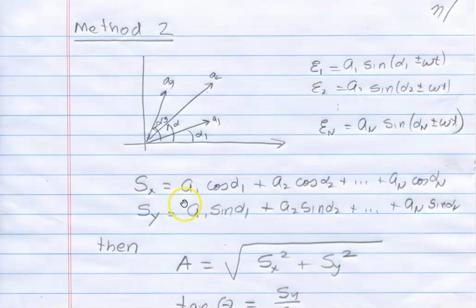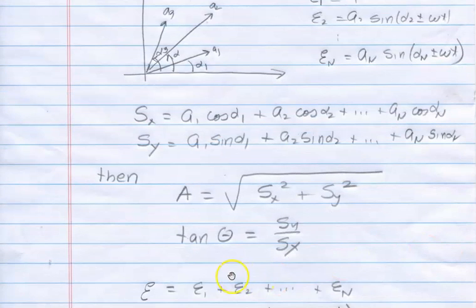The amplitude of the resultant vector, that's the sum of all of those, is just the square root of Sx squared plus Sy squared, these quantities up here. And then finally, the tangent again, well, once I've got the x and y components, I can compute the tangent as just its y component over its x component.